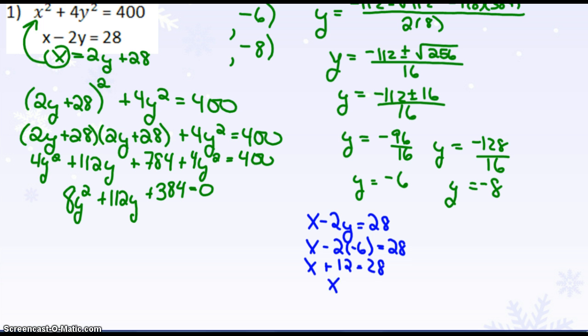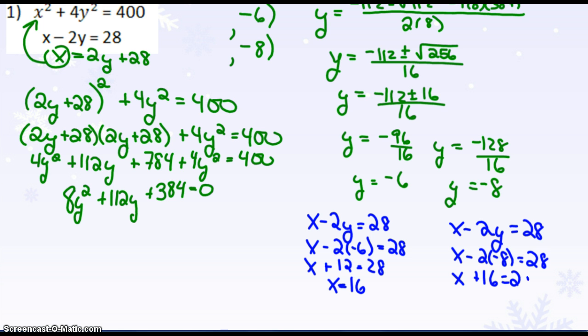Subtract the 12, x equals 16. Play the game again, right over here. x minus 2y equals 28. Now we're going to plug in the negative 8. So I have x plus 16 equals 28. Subtract the 16 and x equals 12.